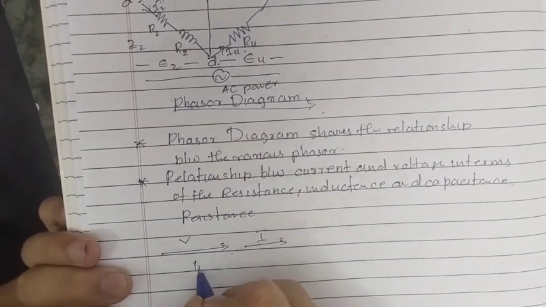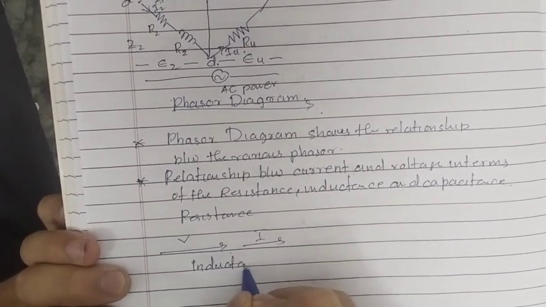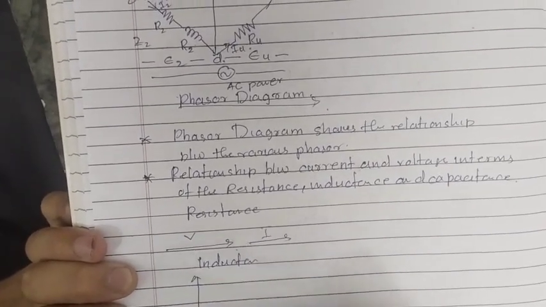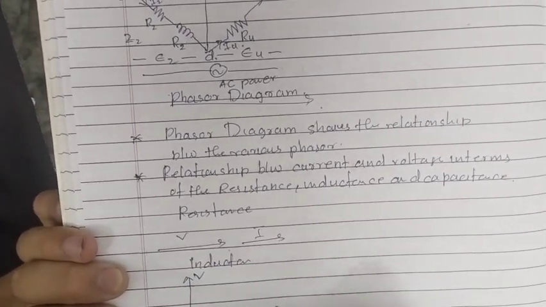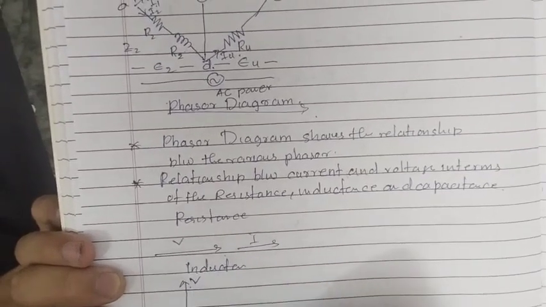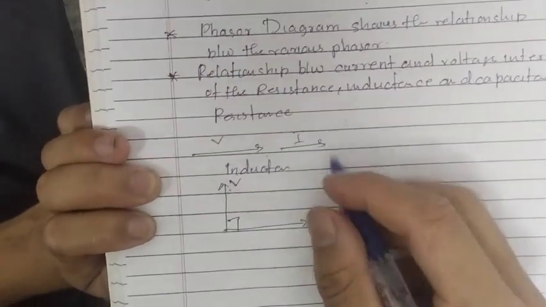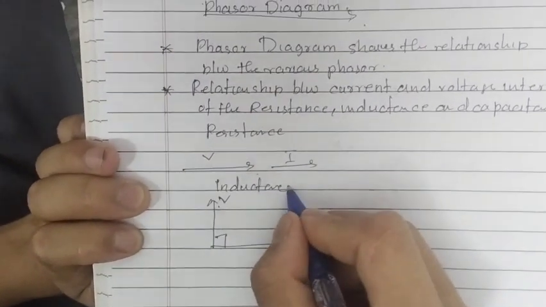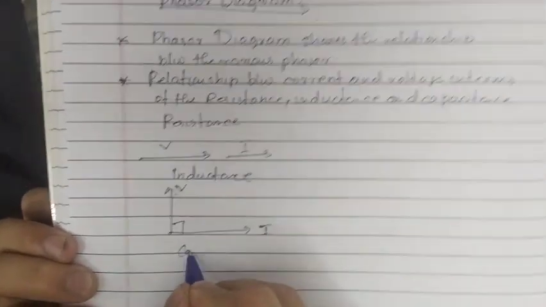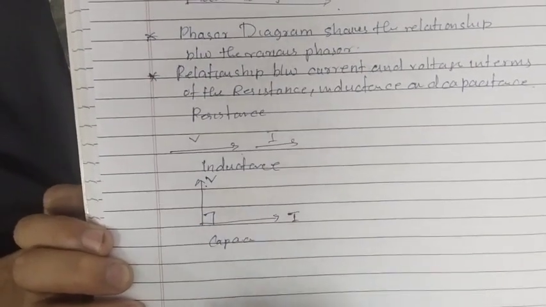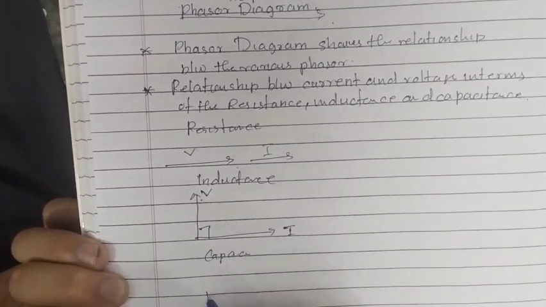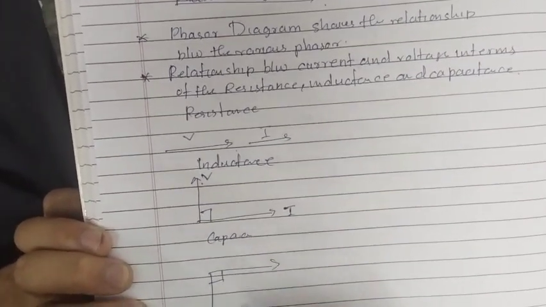For the inductance, the voltage will lead the current by 90 degrees. And for the capacitance, the current will lead the voltage by 90 degrees.